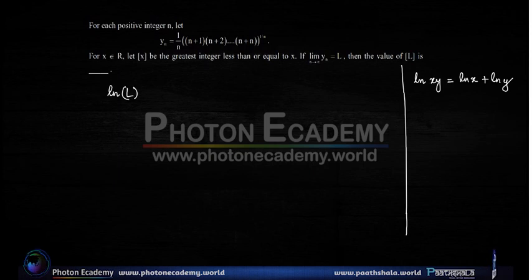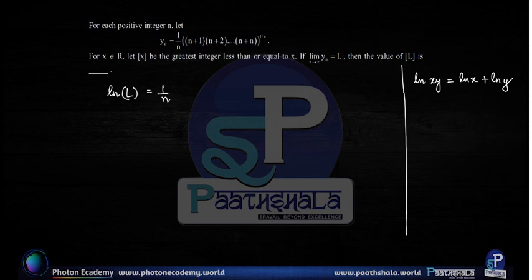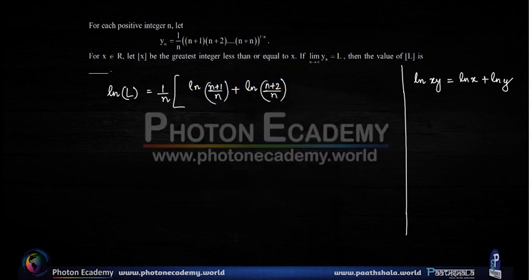Applying that, we get ln L is equal to 1 by n whole of ln((n+1)/n) plus ln((n+2)/n) plus dot dot dot ln((n+n)/n).